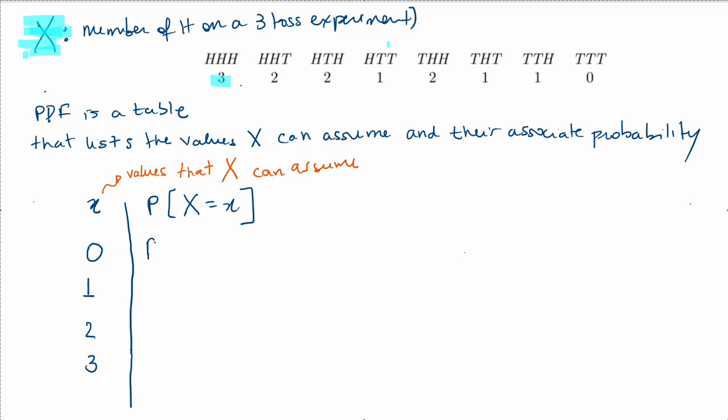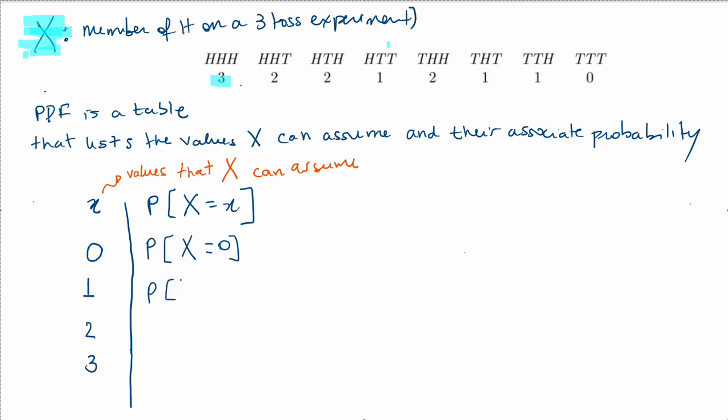So here, in this part of the table, this will be the probability of x being equal to little x. In this particular row, little x is 0. So here should appear the probability that your variable is 0.